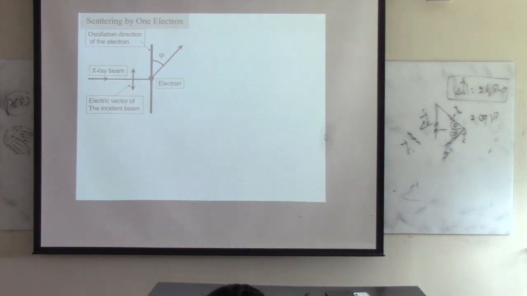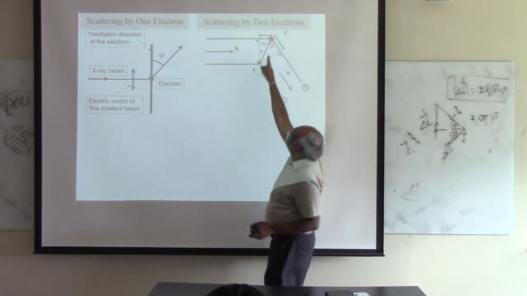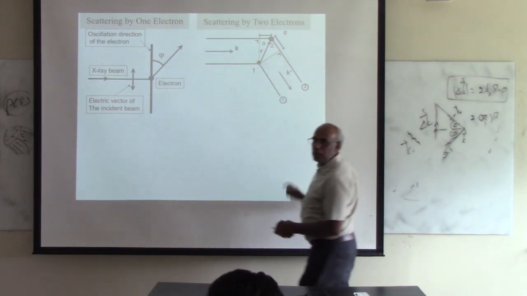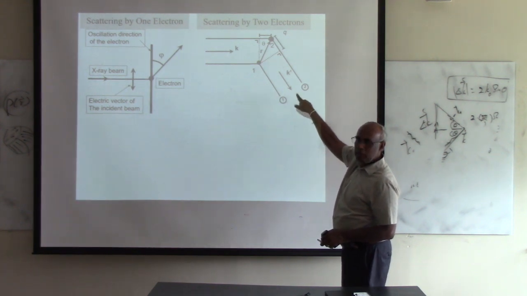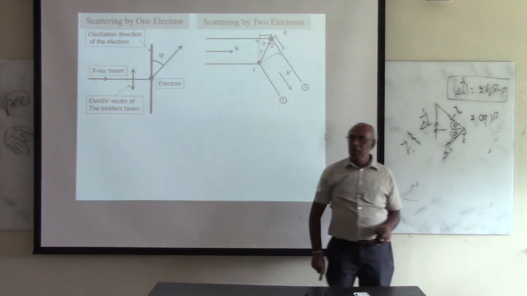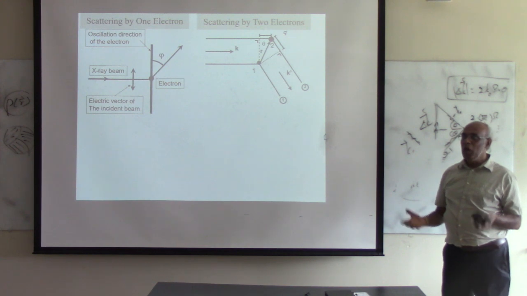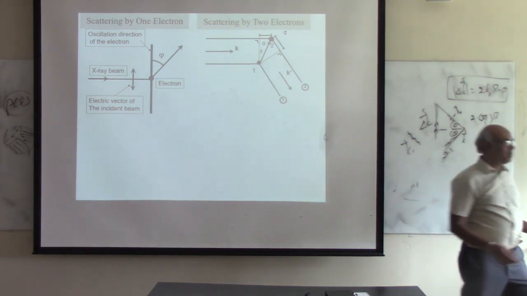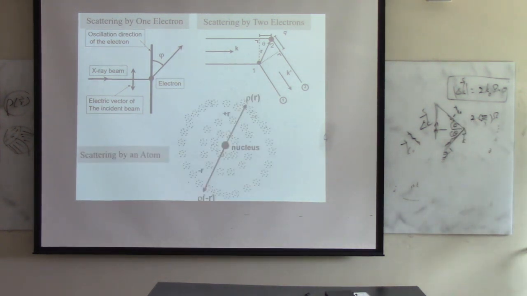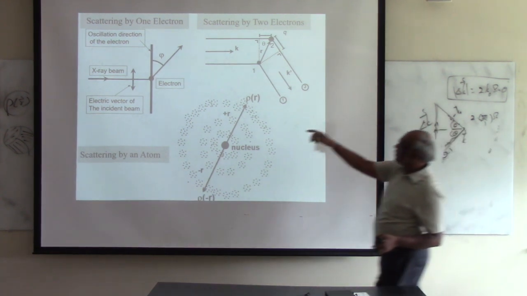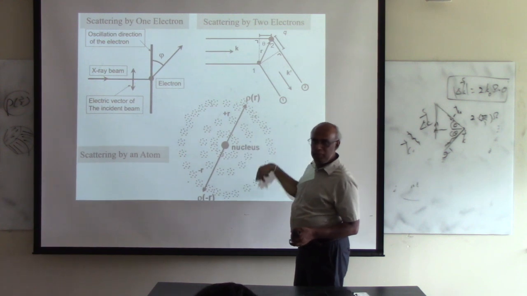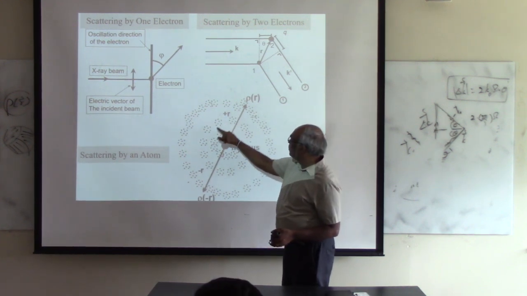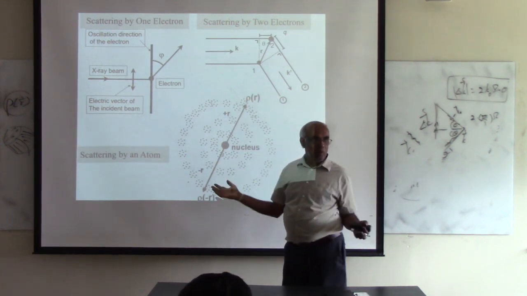So then if I have two electrons, again same thing, right? I have one electron here, one electron here, you get two beams scattered from two electrons. But if you have an atom, you have many electrons, right? So typically if you take an atom, here we just talked about one and two. But if you take electrons from the nucleus, you can see a lot of electrons, right?